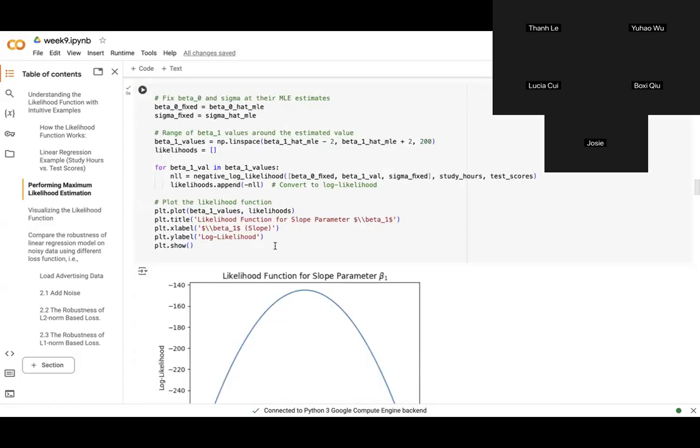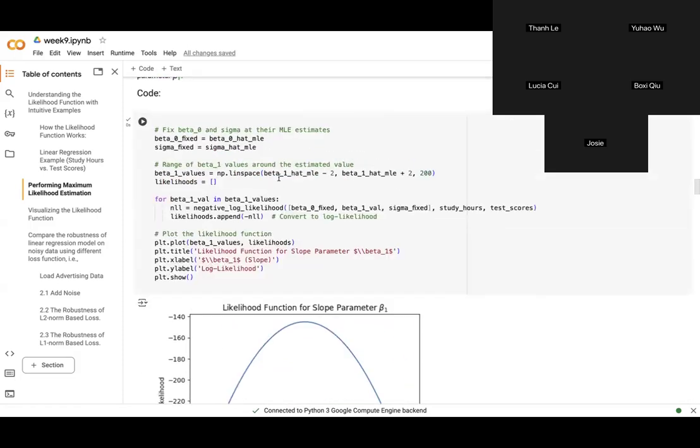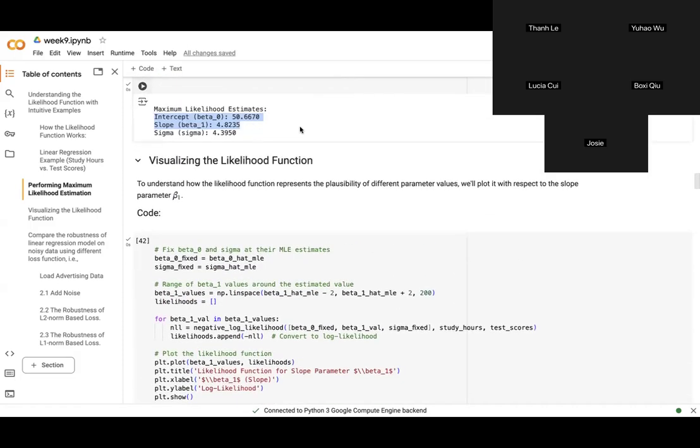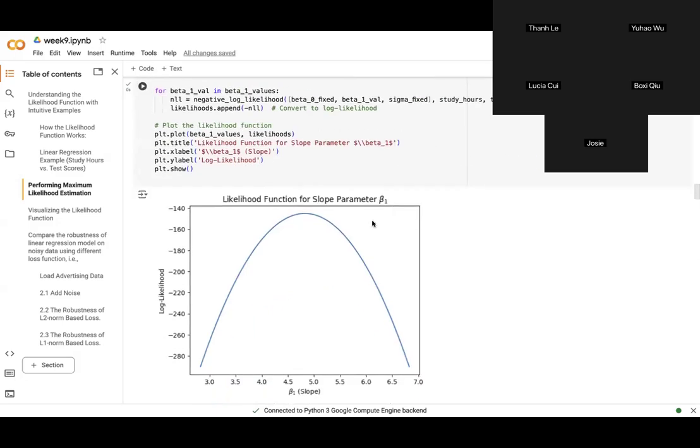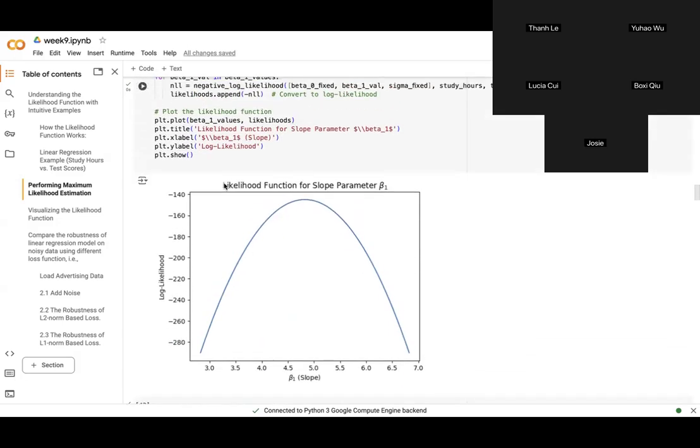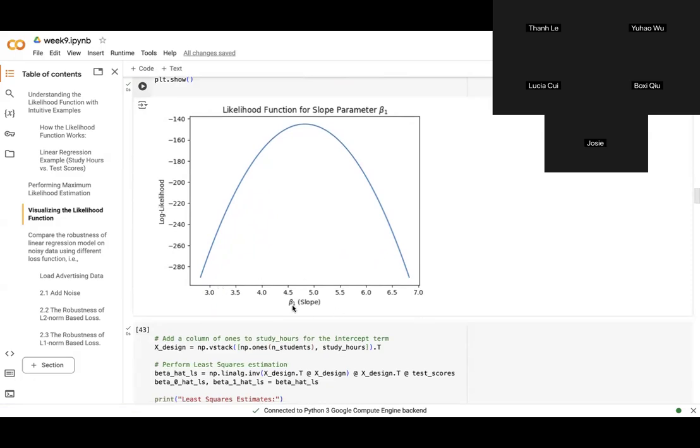Okay, and we can also visualize this likelihood function with respect to the slope beta 1. This is the slope beta 1, and then we have the log likelihood.